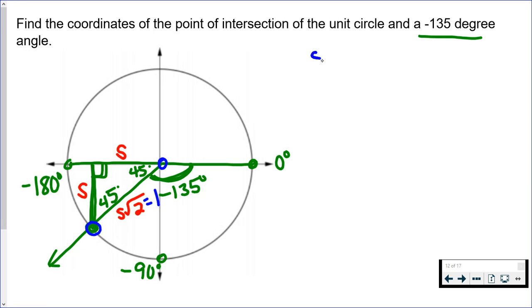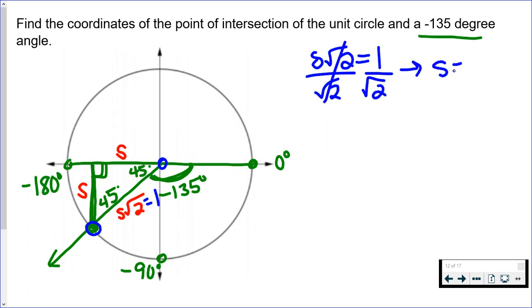So we know that S square root of 2 is equal to 1. Knowing this, I can solve for S, which means the side length is equal to 1 over the square root of 2.